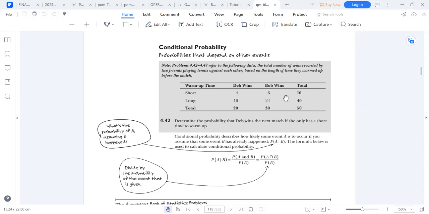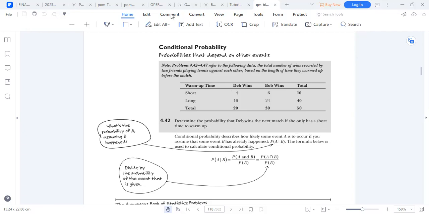The first question asks us to find the probability that Deborah wins the next match if she has only a short time to warm up. You can make your own key, say A is the probability that Deborah wins and B is the probability for short time.